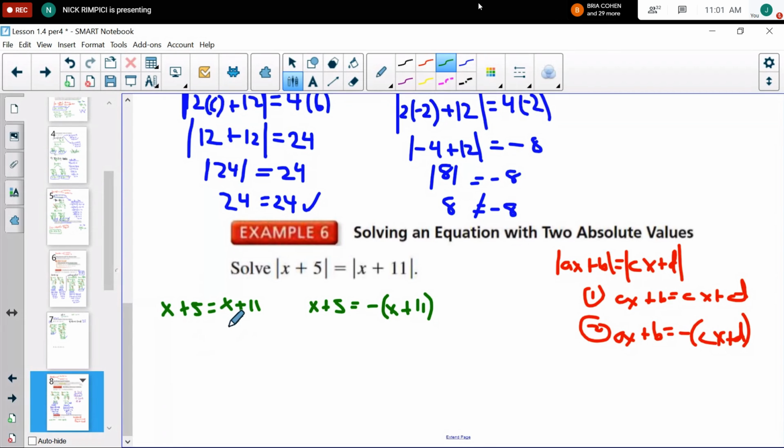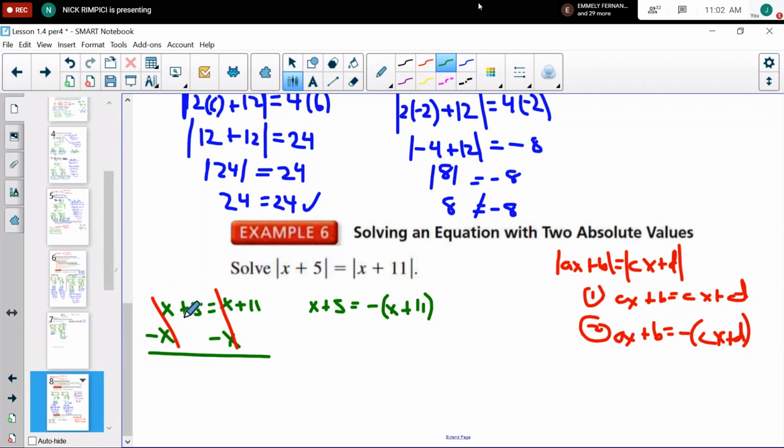So for this one, I have to solve by getting the x's together as usual. So I can subtract x. If I subtract x here, I've got to do it on the other side as well. There are no like terms on the same side. I think somebody asked me that question yesterday. The like terms are on the opposite side, so I have to subtract x from each. Something interesting happens. These cancel, but so do these.